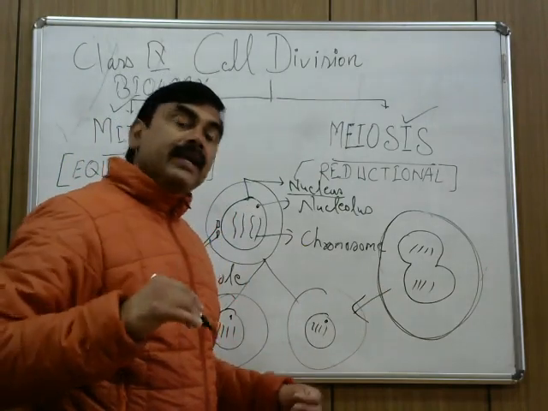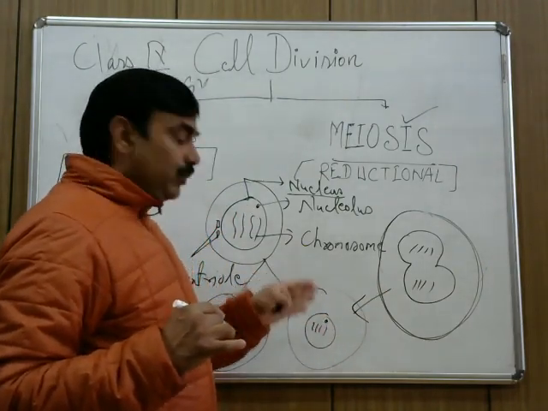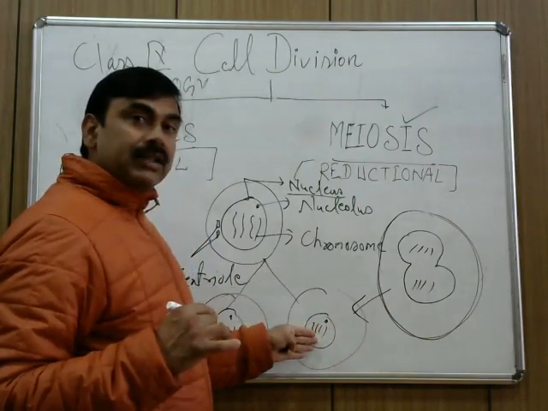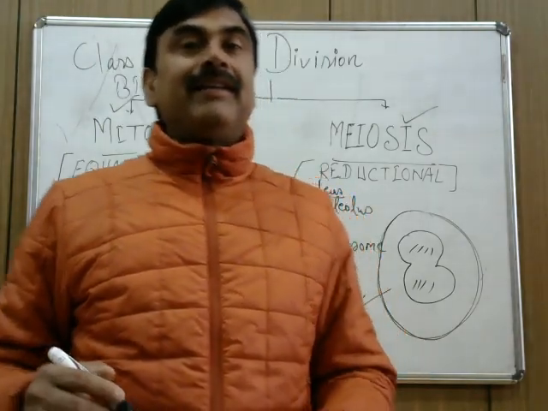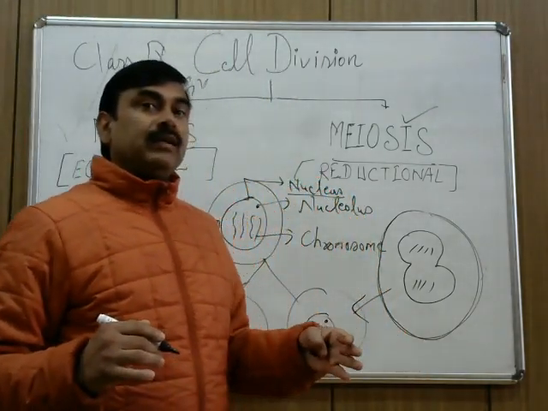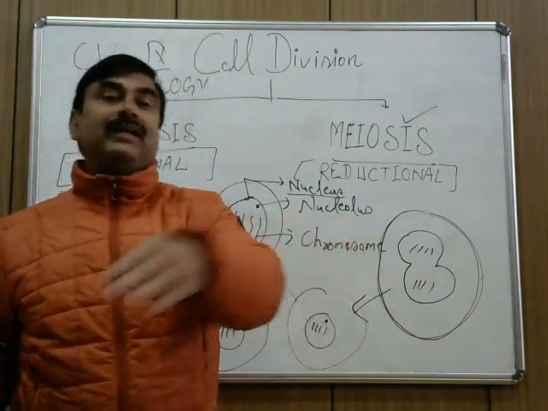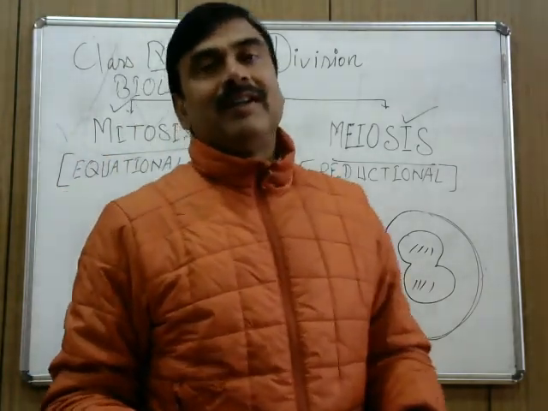Again, the reappearance of the nucleolus takes place. 4 chromosomes are there after the cell division. The karyokinesis takes place, and the karyokinesis is followed by the cytokinesis. Number 1 karyokinesis, number 2 cytokinesis.